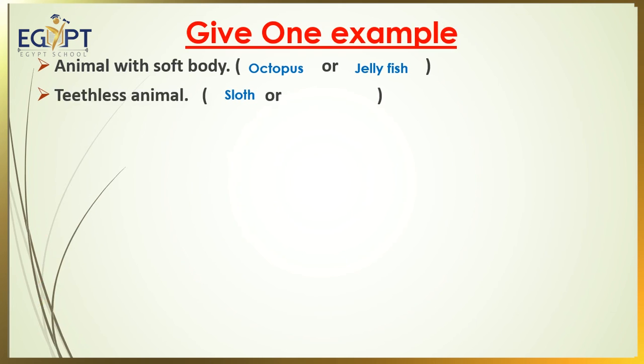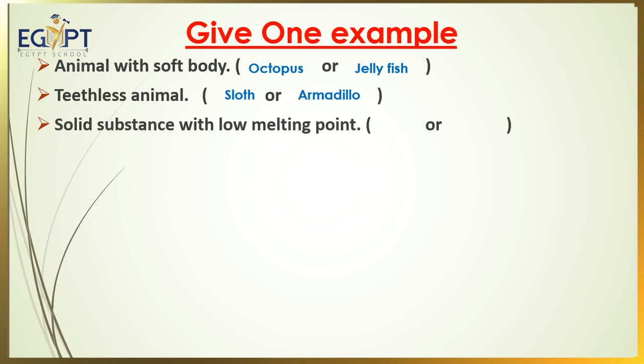Toothless animal like sloth or armadillo. Solid substance with low melting point, as ice or sulfur, or maybe also wax. Okay, and so on.